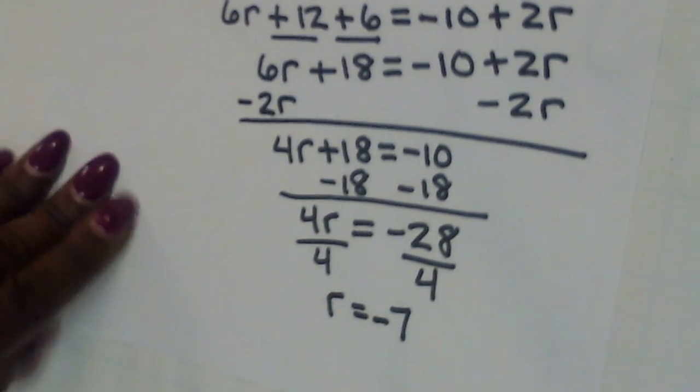Here's the last example. We're almost done. Example 4. I have 6 plus 2 times the quantity of 3j minus 2 equals 4 times the quantity of 1 minus j.